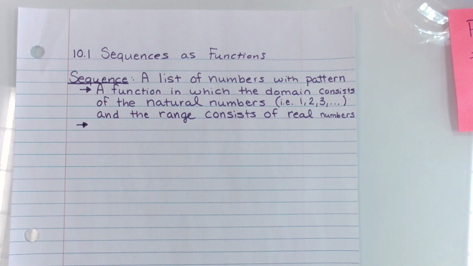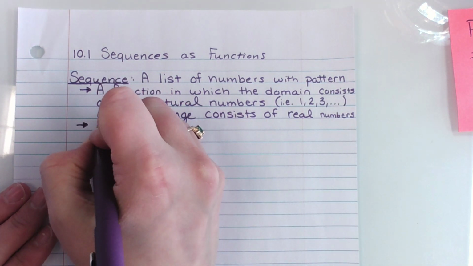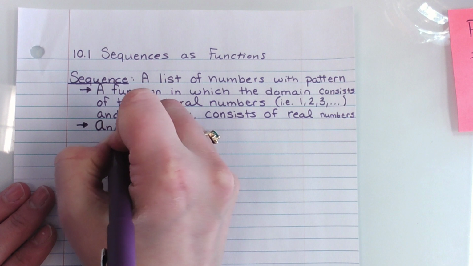Now, the equations that we're writing, they're not going to be in our typical old-fashioned function notation, the f of x, if you will, because there is a notation out there that is specifically designed for the situation of only natural numbers can go into the function. That notation is going to look like this.